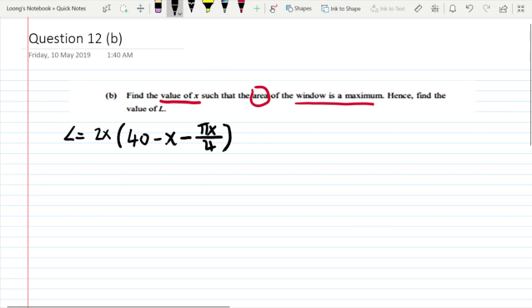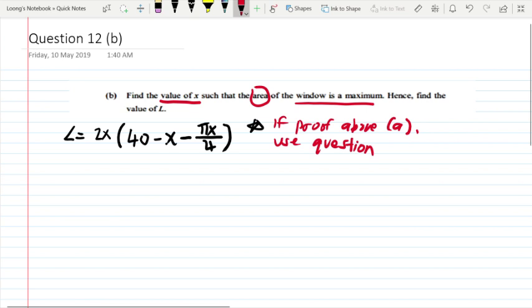And there's a thing to note here: if you can't prove the above of question A, you could always just use what the question gave you, so that even if you didn't know how to prove it, you can still get marks in your exam.